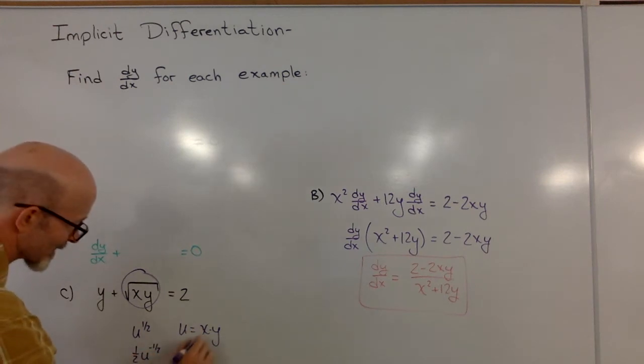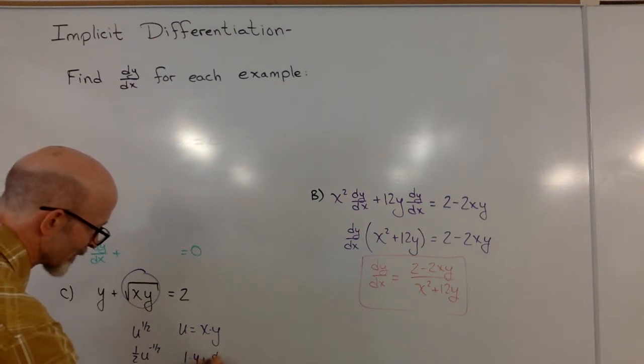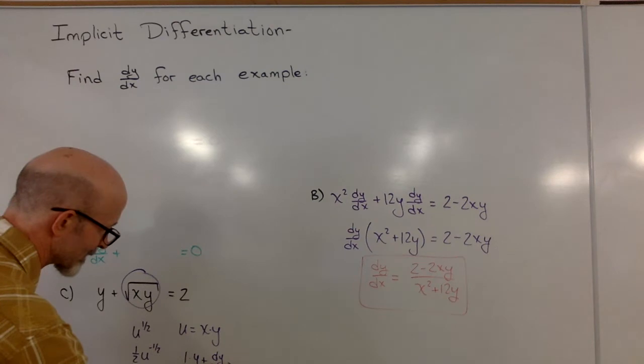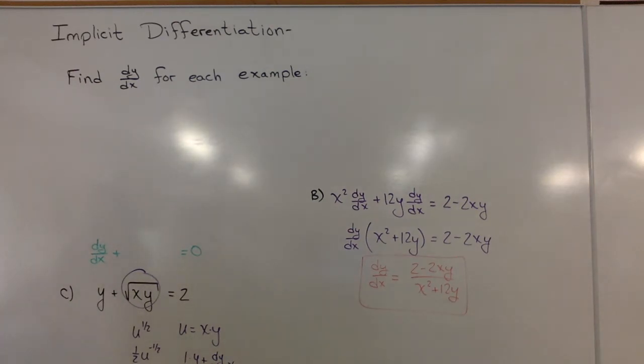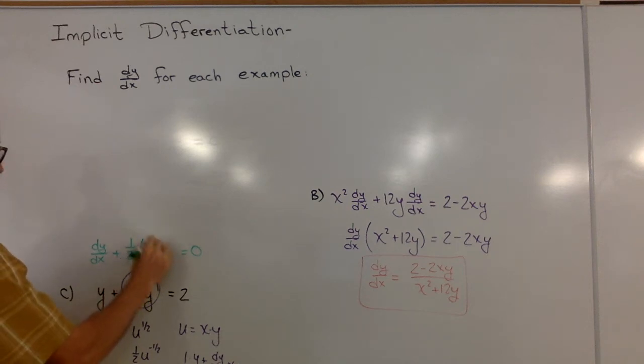Let's see, oh my gosh, that's a product rule again. 1 times y plus the derivative of y times x. And then I combine them. So, in other words, no easy way of doing this. Absolutely nothing that's going to be easy about this.